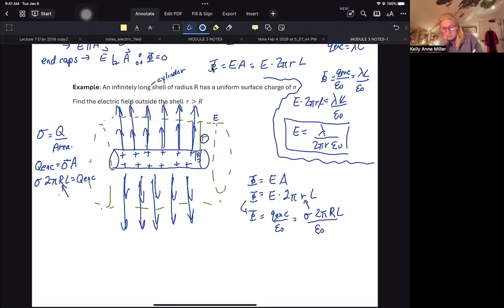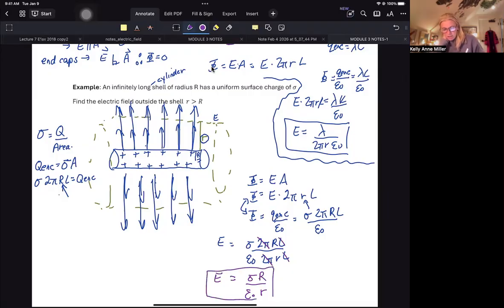Then we set these two expressions equal to each other and solve for E. So E is equal to sigma times 2 pi capital R times L, divided by epsilon naught, and then 2 pi lowercase r times L. Some things cancel: the 2 pi cancels with the 2 pi, the L cancels with the L, and you're left with sigma capital R on the top divided by epsilon naught lowercase r on the bottom.